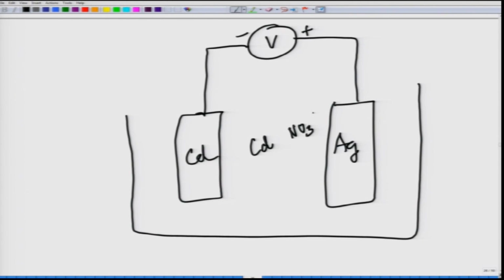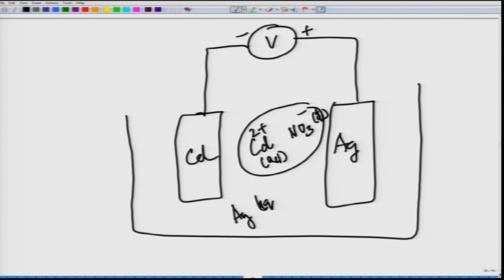CdNO3, which is aqueous, plus NO3 minus, Cd2 plus, whereas the other electrolyte I am mixing is AgNO3, Ag positive plus NO3 minus, which is also aqueous.